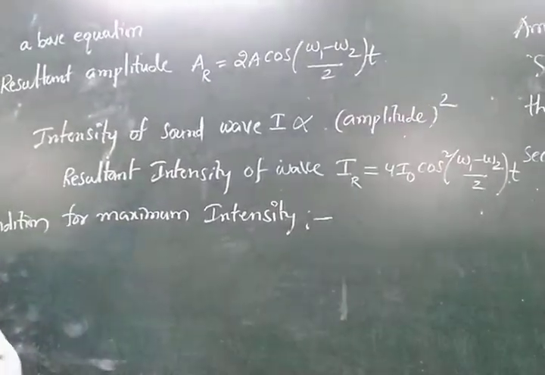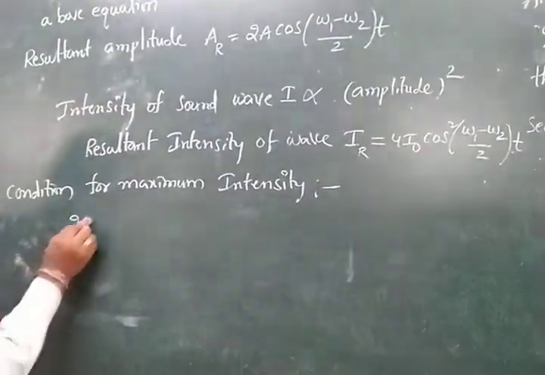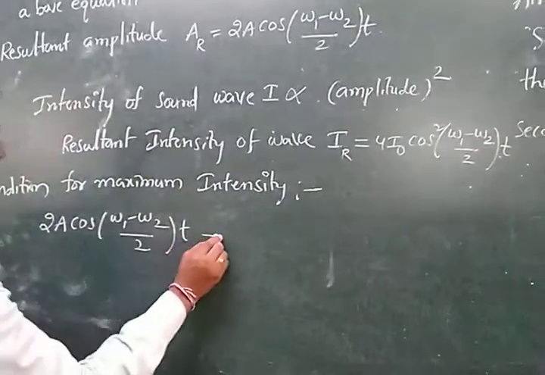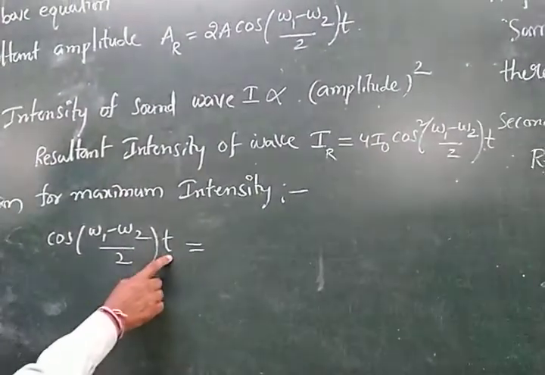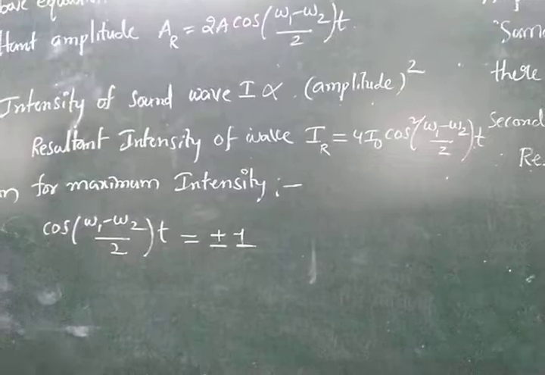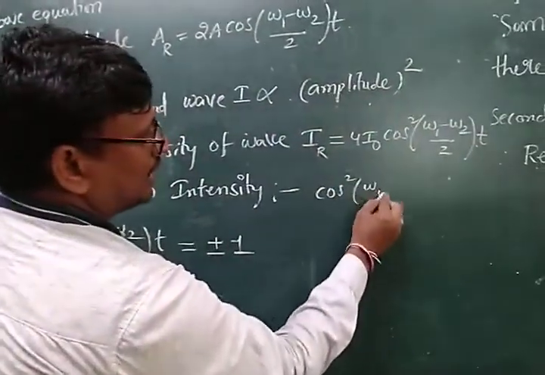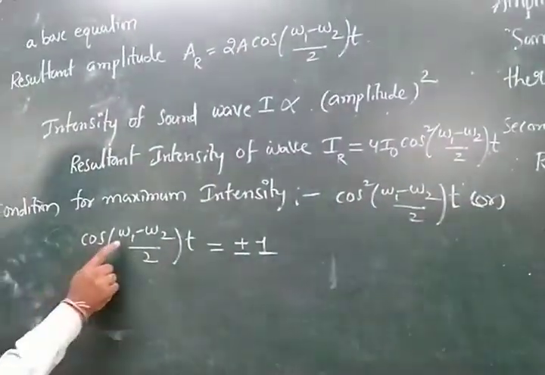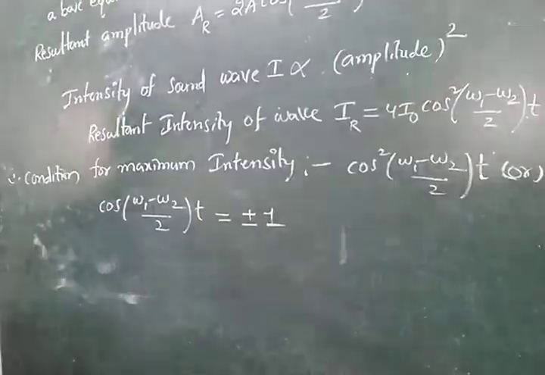Here two possibilities are taken. Consider 2a cos of (omega 1 minus omega 2) by 2 into t; the cos term is equal to plus or minus 1. The condition for maximum intensity is cos square of (omega 1 minus omega 2) by 2 into t equal to 1, so cos of (omega 1 minus omega 2) by 2 into t is equal to plus or minus 1, because that is the maximum.